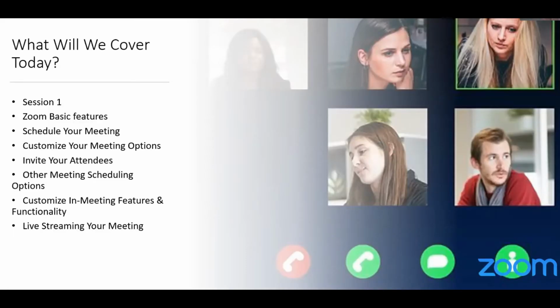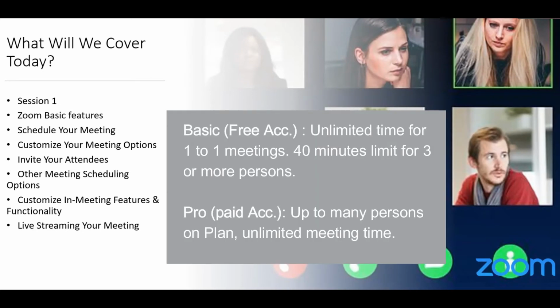So everyone who has a Zoom account, whether it's basic, and I'm going to show you my basic Zoom account, not pro, not paid, and how I can utilize the basic features to still give tutorials, to still give meetings. With Zoom, when it's one-to-one, you have unlimited time anyway.